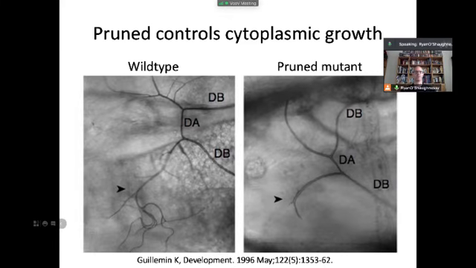So this pruned mutant continues to go through that program, but our wild type with the active pruned gene allows it to stop and terminally differentiate. And you can see that here in this circle, which shows one of these terminally differentiated cells with all of those final processes. And this cell can no longer divide.